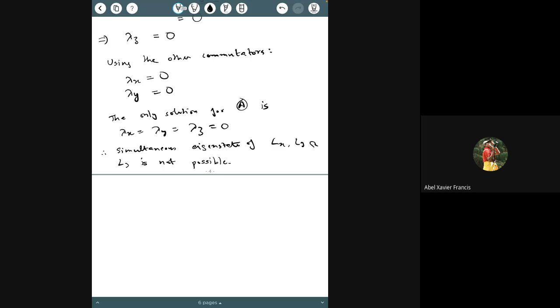Okay, but fine. So now that we know that they don't have a simultaneous eigenstate, how many simultaneous things can we have? Two of these will never have a simultaneous eigenstate. No pair among them. So we have to look for something else then.